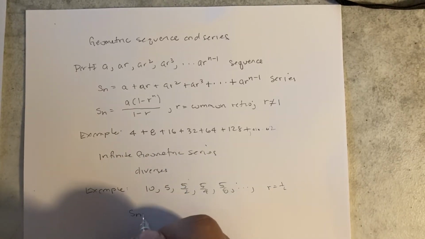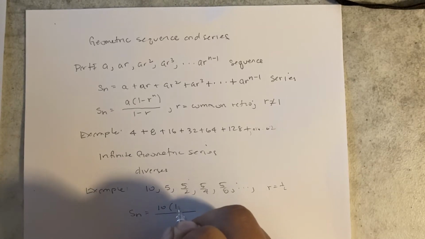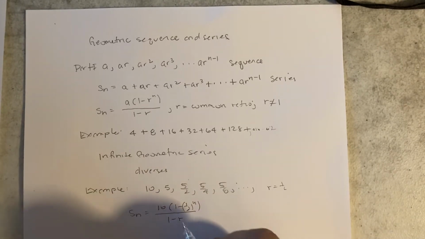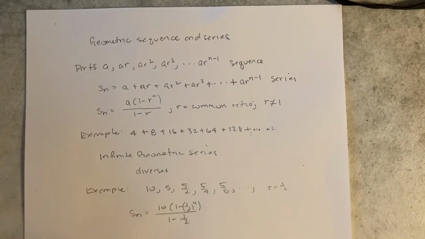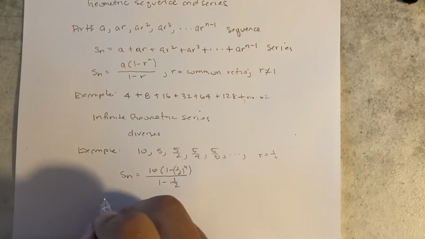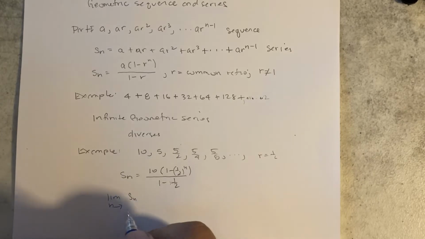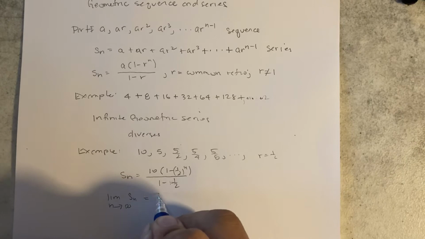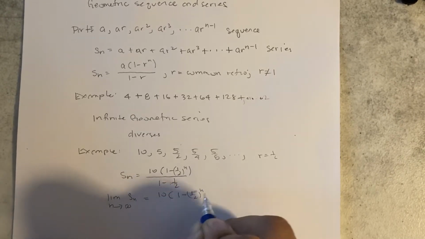Okay. So what I'm going to do is place it into the finite sum: 10 times 1 minus 1/2 to the n, over 1 minus 1/2. This is something new right here now. I'm going to introduce what's called the limit, or you might have seen it before, the limit of S sub n as n approaches infinity, is equal to, so I'm going to write this here so you can see.